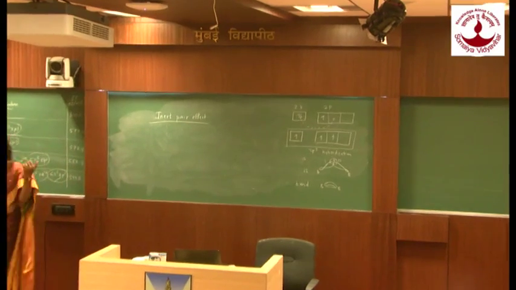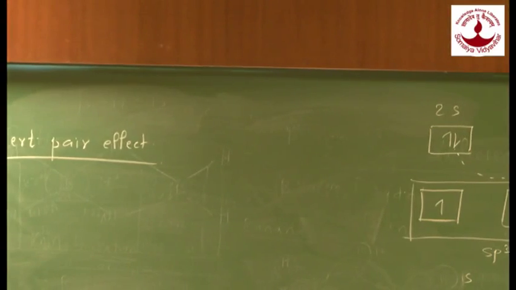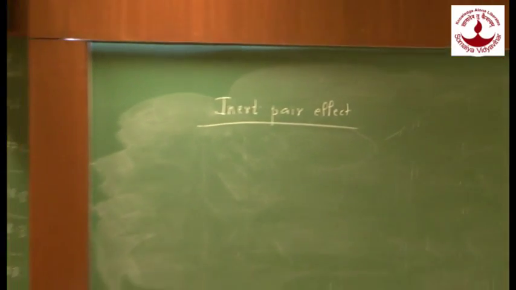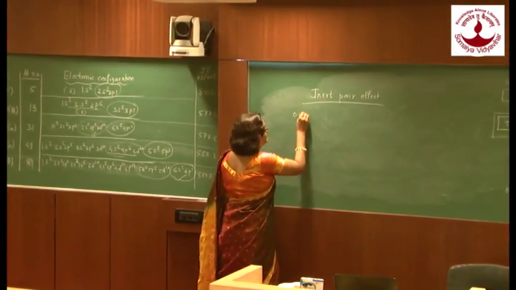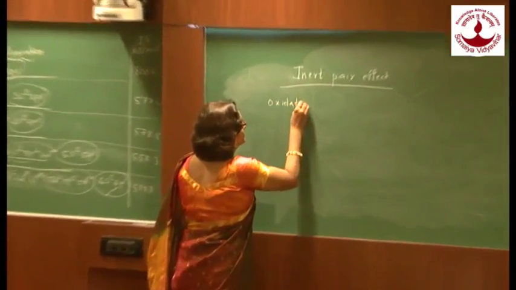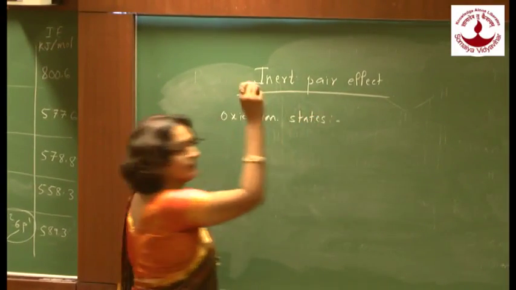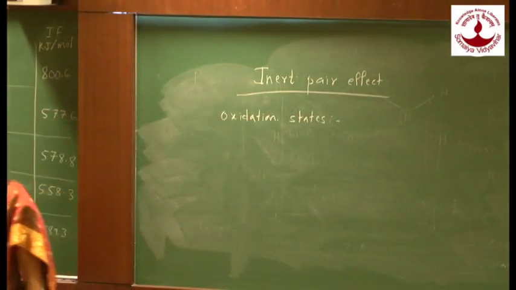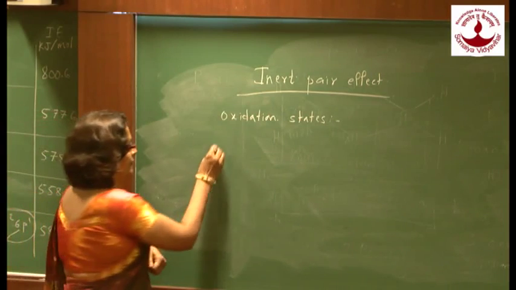Now before we see the inert pair effect, or in fact we can discuss inert pair effect while discussing the oxidation states of these elements. Now p block elements exhibit 2 major oxidation states.